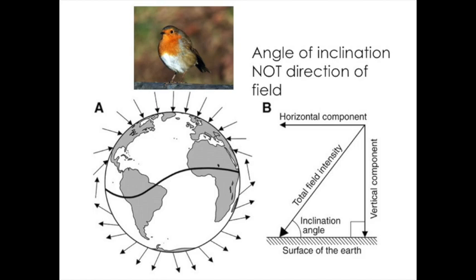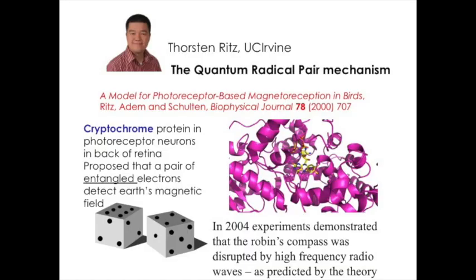This guy came up with a model. In fact, it was a chemist, Schulten, who first came up with this model, and Thorsten Ritz, who was a PhD student in his lab, came up with a more sophisticated version of it and attached it to a protein called cryptochrome. And this paper was published in 2000, a model for photoreceptor-based magnetoreception in birds.